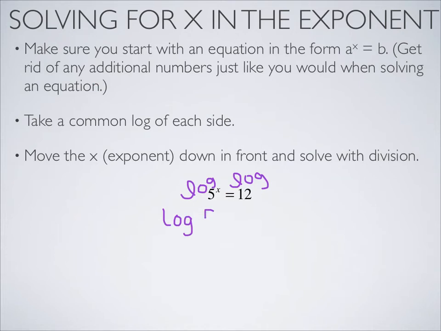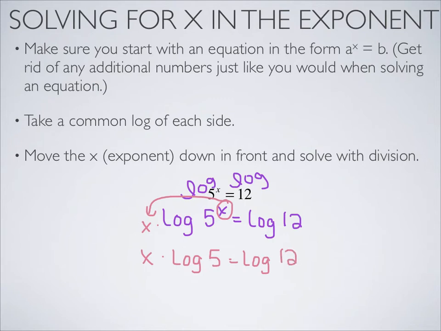Log of 5 to the x equals log of 12. Okay, so I took a log on each side. Now, I can take this x, and by that exponent rule that we have, I can move it down in front. So now my equation says x times log 5 equals log 12.